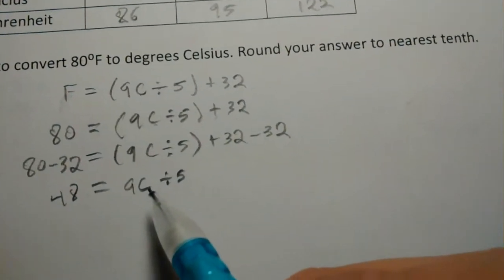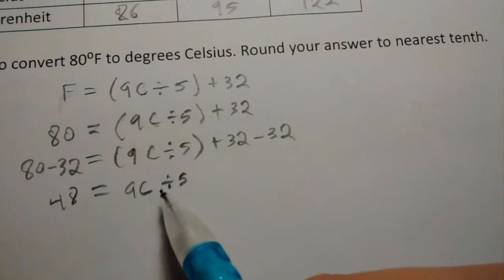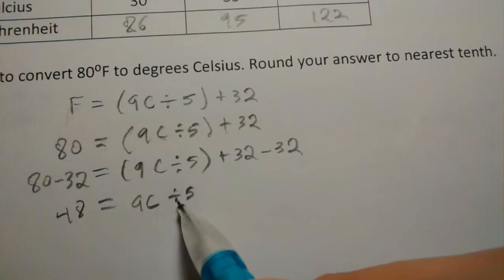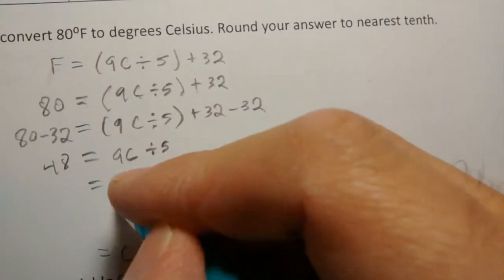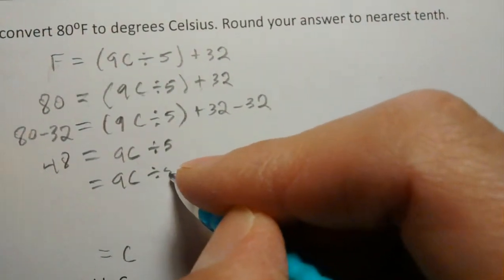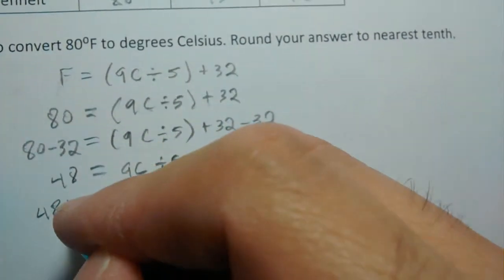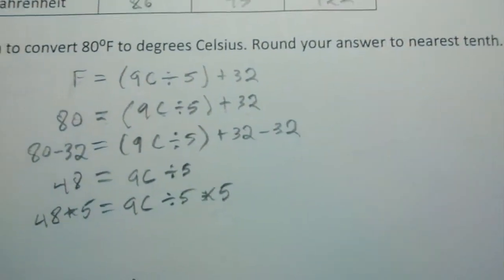The next operation to undo is not this multiplication, but actually this division. So the inverse operation for this is multiplying by 5. I'm going to take 48 and multiply it by 5.